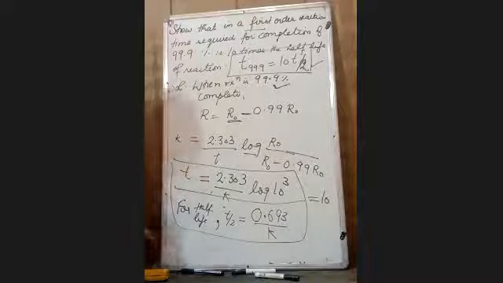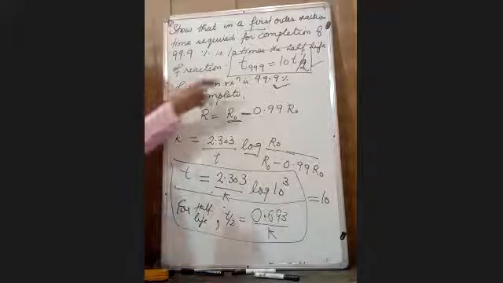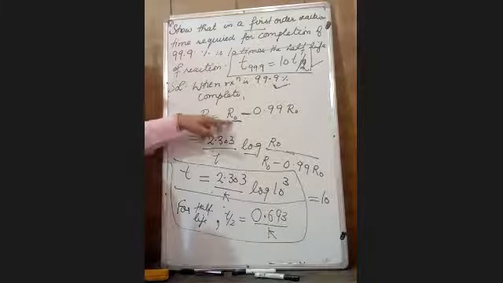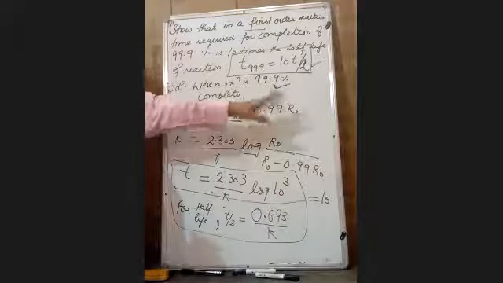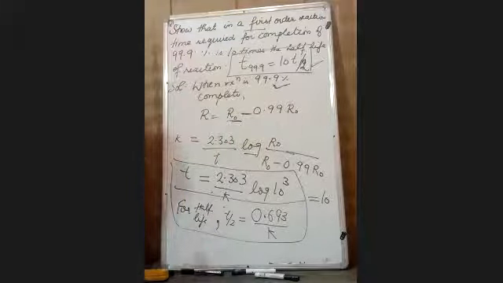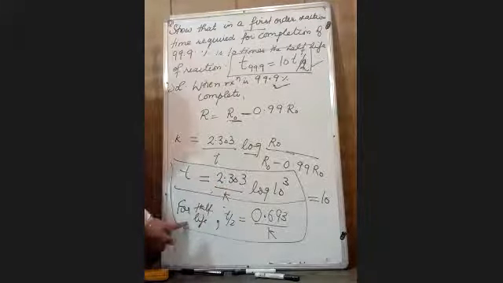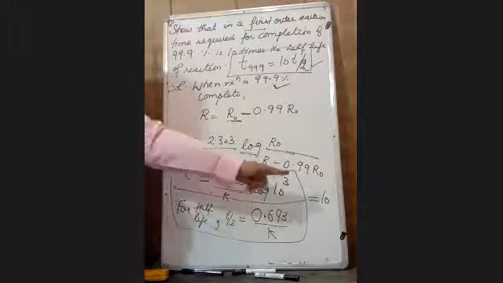Just once see this question. Show that in a first order reaction, time required for completion of 99.9% reaction is 10 times the half-life of the reaction. When the reaction is 99.9%, the final concentration is equal to R naught minus 0.99 of initial concentration. Write T here. T for this reaction is this, and for half-life it is this. Divide this term, it comes out to be 10.